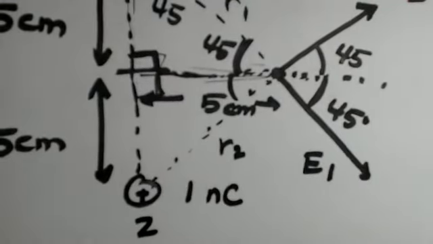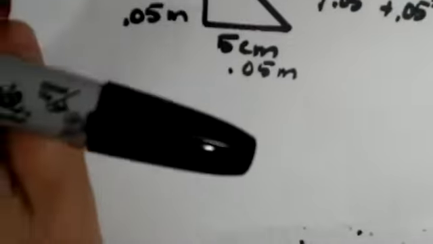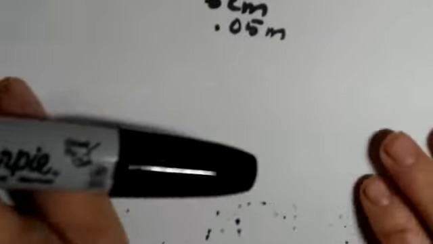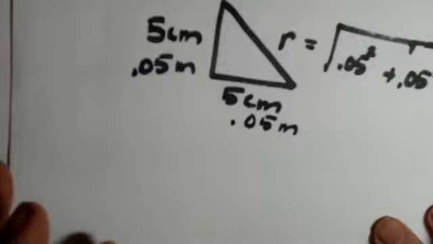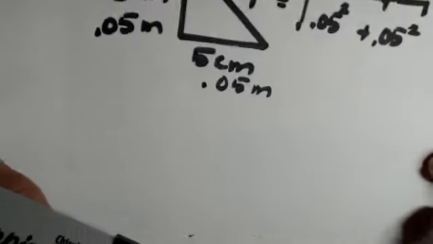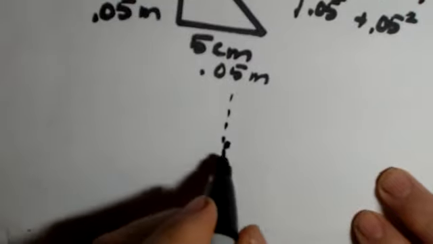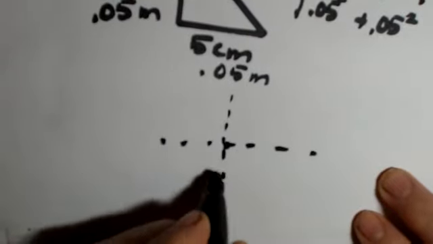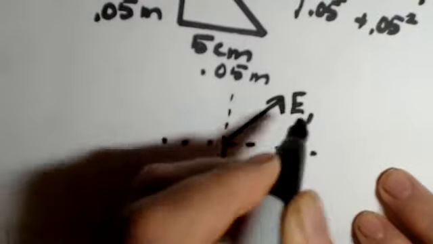Okay, so once I know that, I can draw the equivalent of a free body diagram. I can draw a vector diagram for that point over there where I'm trying to find the electric field. So if I come down here and I do that, there's my point. I'm going to draw my coordinate system real quick. I've got E1 pointing up like that.